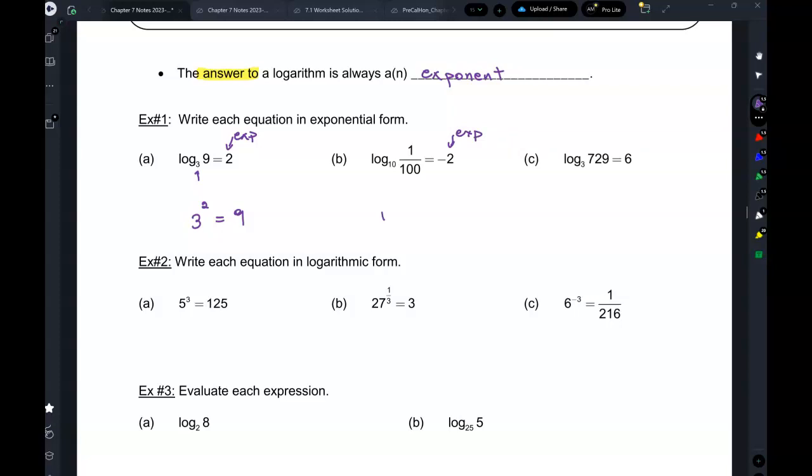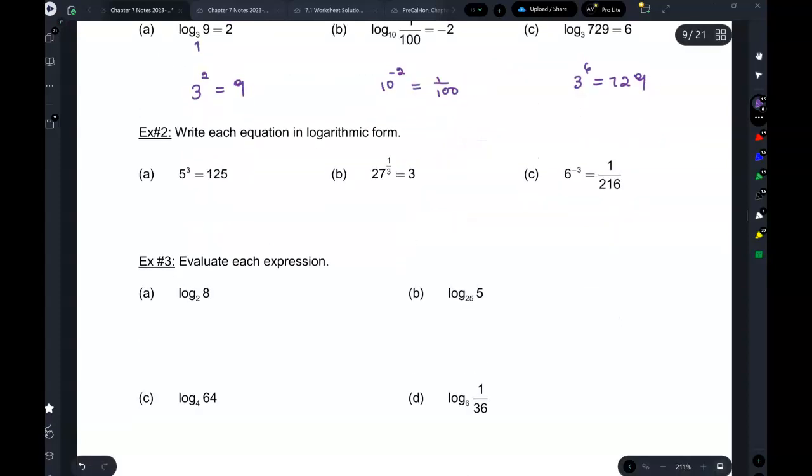Every exponent needs a base. 10 to the power of negative 2 is 1 over 100, which is true. Here's the exponent. Every exponent needs a base. 3 to the power of 6 is 729. So always go that way. Identify the exponent, that's the answer to the logarithm, and say, okay, every exponent needs a base. Find the base, and then you have it set.